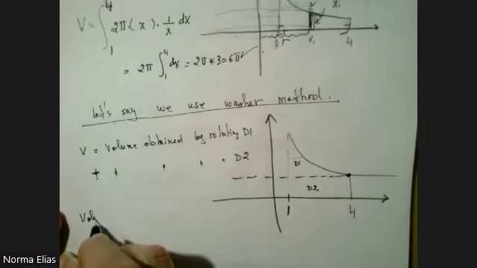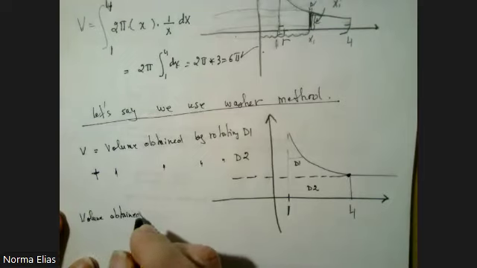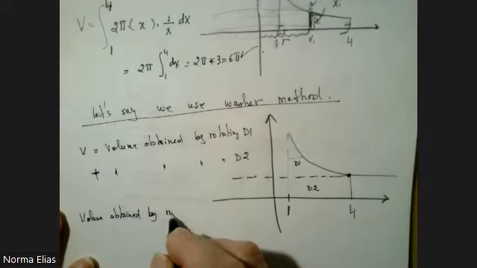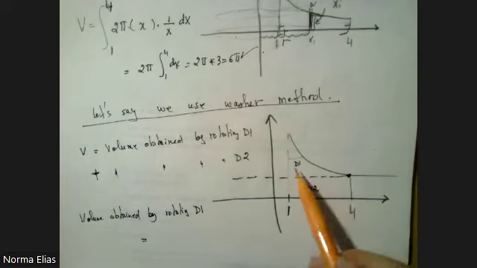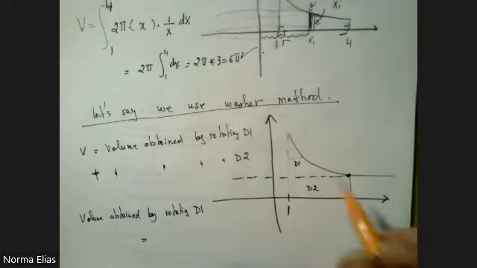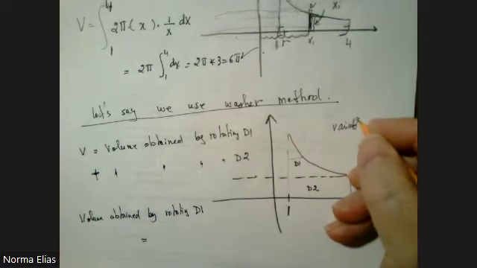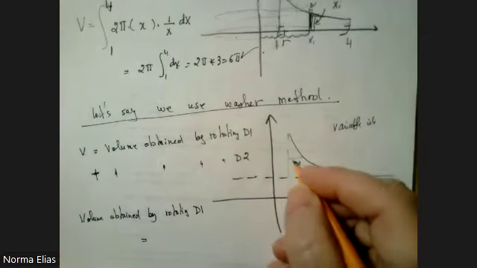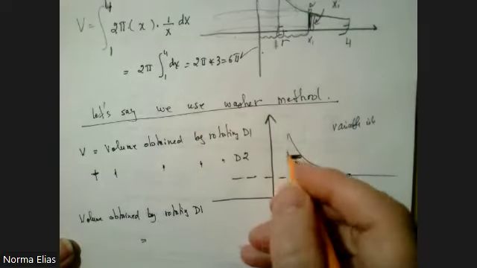The volume obtained by rotating D1 is equal to, all right, if I'm going to use the washer, it means my variable is y here, because I'm covering it with those slices. My variable is y.